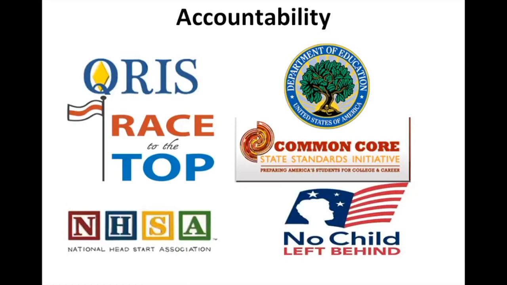So again, the answers that we seek in terms of accountability are much broader than things that a teacher or a home visitor or a parent might need on the day-to-day basis to plan and revise instruction. And certainly it would be different data than we would use in a developmental and behavioral screener that's solely there to tell us if we need to do additional testing. It's not there to tell us if a child is meeting broad outcomes set forth by a federal agency.